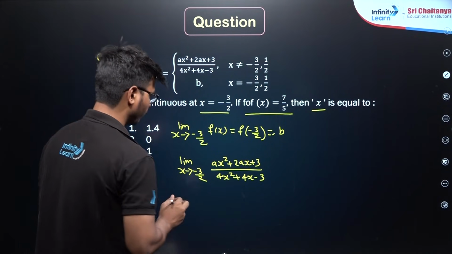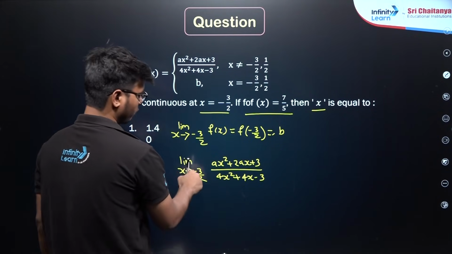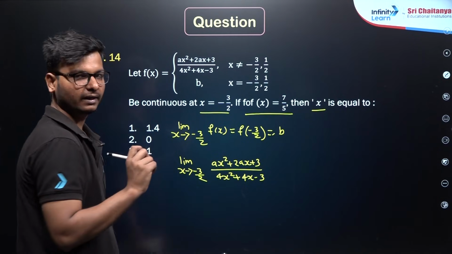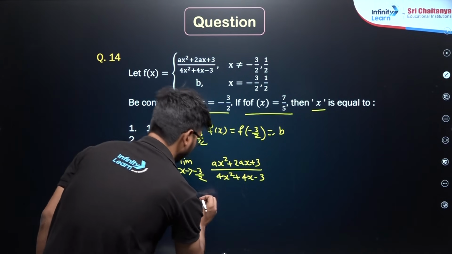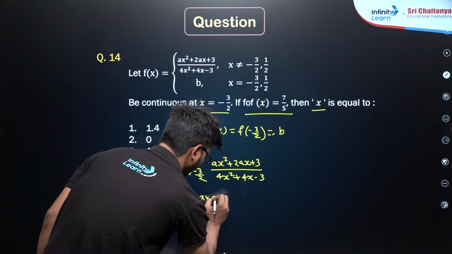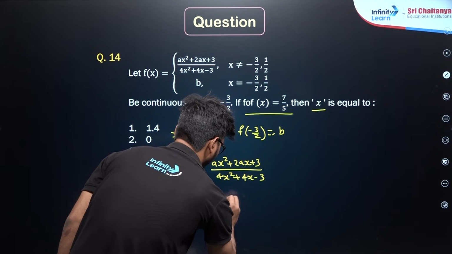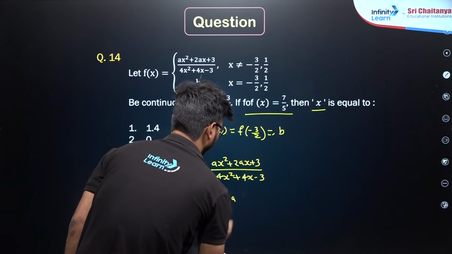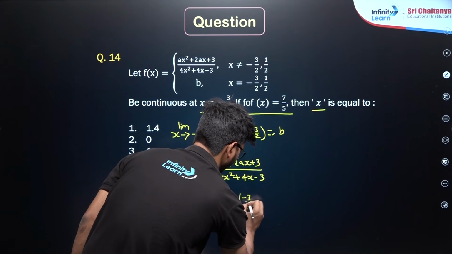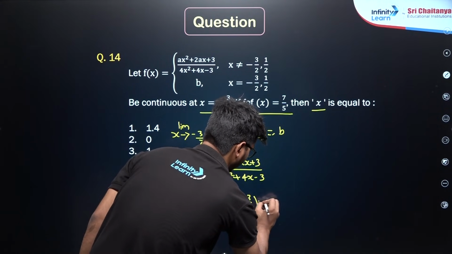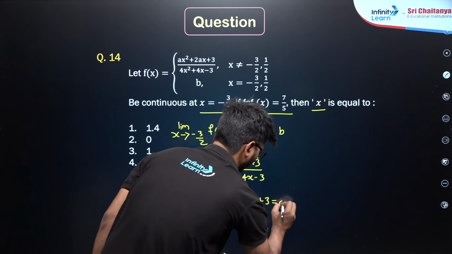So we are going to solve now. So when I put x equals to minus 3 by 2, the numerator must be 0. So I can write this as a multiplied by 9 by 4, and here it will be plus 2a multiplied by minus 3 by 2, and here plus 3 I am having equal to 0.